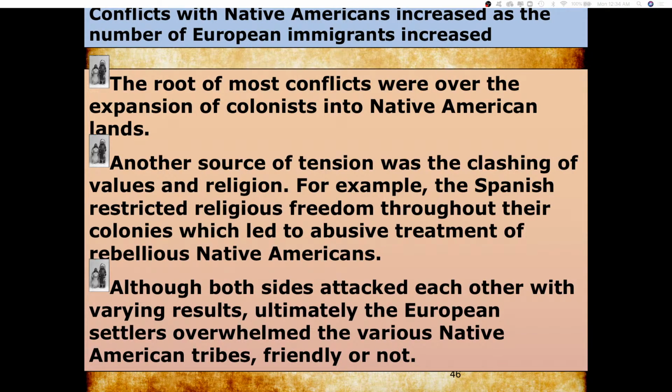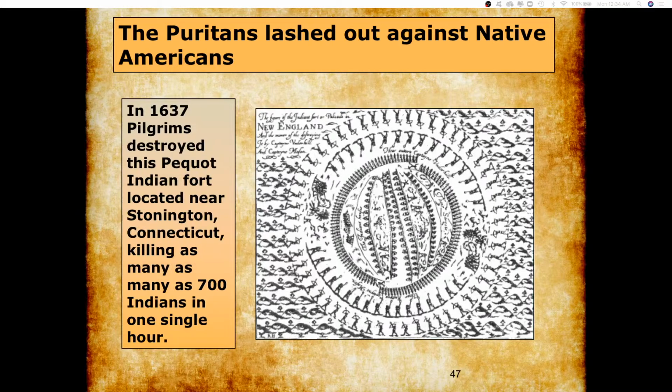One such instance of an attack happens when the Pilgrims destroyed a Pequot fort that was located near Stonington, Connecticut. So what had happened is that 700 people are going to die in a single hour with this attack. Here's why this is crazy.